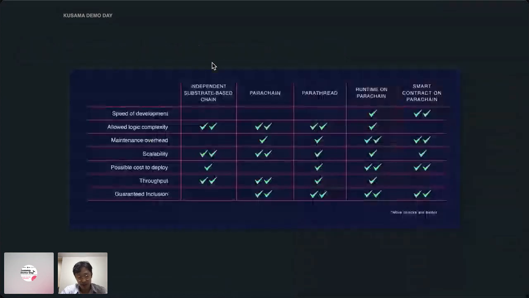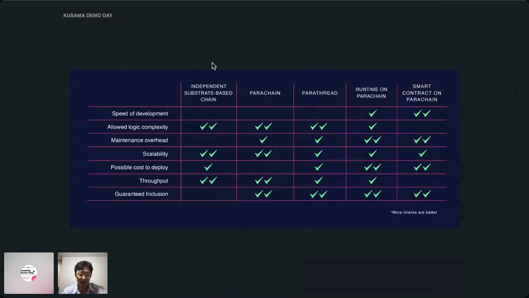When it comes to building on Kusama, there are really many ways to develop for builders. I'm not going to get into all the differences right now, but essentially you could build an independent substrate-based chain that is later bridged to the Kusama network. You could build a Kusama parachain or parathread.